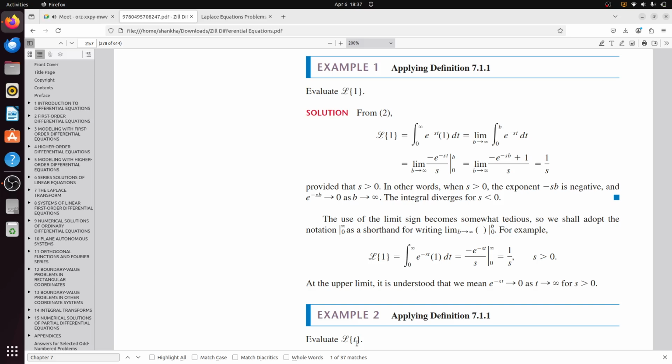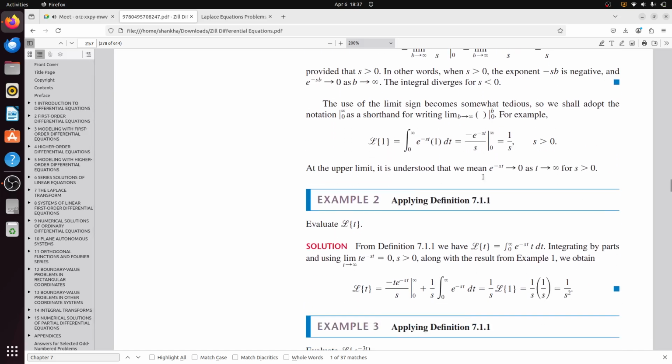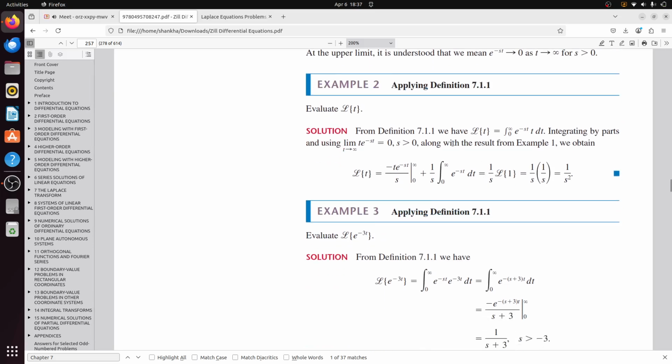From the definition we can determine it, which is nothing but the integral from 0 to infinity of e to the power minus st t dt, and you integrate by parts, using that the limit as t tends to infinity of t e to the power minus st equals 0 for s greater than 0, along with the result from example 1, that the Laplace transformation of 1 is 1 by s.